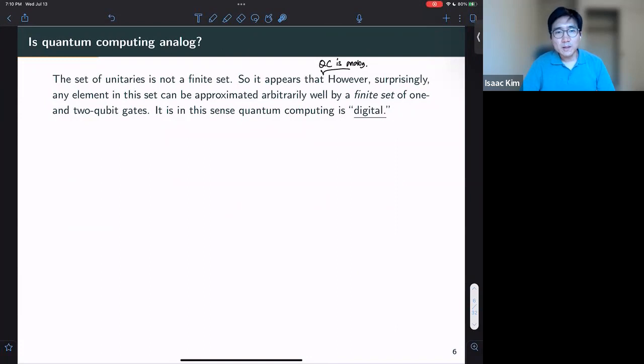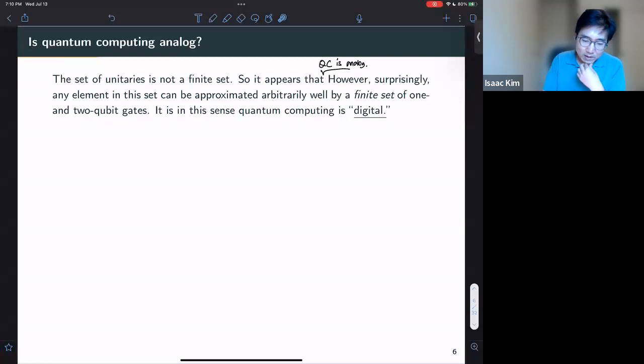One thing that you might be thinking at this point is that the set of unitaries is not a finite set, whether 1 qubit, 2 qubit, or n qubit. It's a continuous set. So you might be thinking that quantum computing is probably analog. But I would argue that surprisingly, that doesn't seem to be the case.